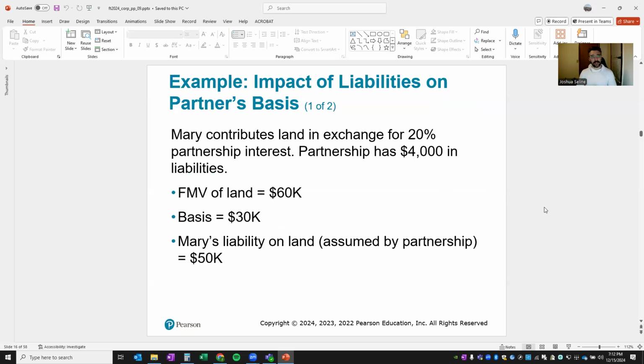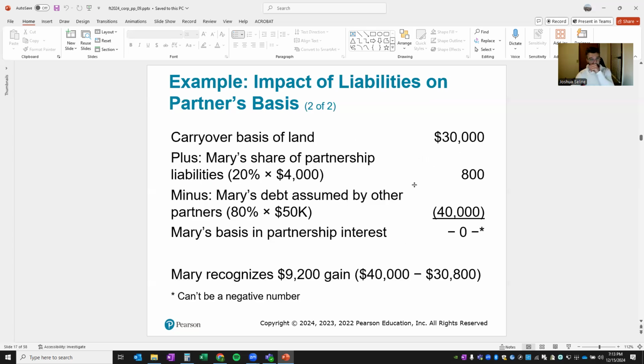Here we've got an example of the impact of liabilities on a partner's basis. Mary contributes land in exchange for a 20% partnership interest. The partnership has $4,000 in liabilities. The fair market value of the land is $60,000. Her basis is $30,000. Mary's liability on the land, which is assumed by the partnership, is $50,000. So the partnership has carryover basis for Mary, so you get $30,000 in basis.